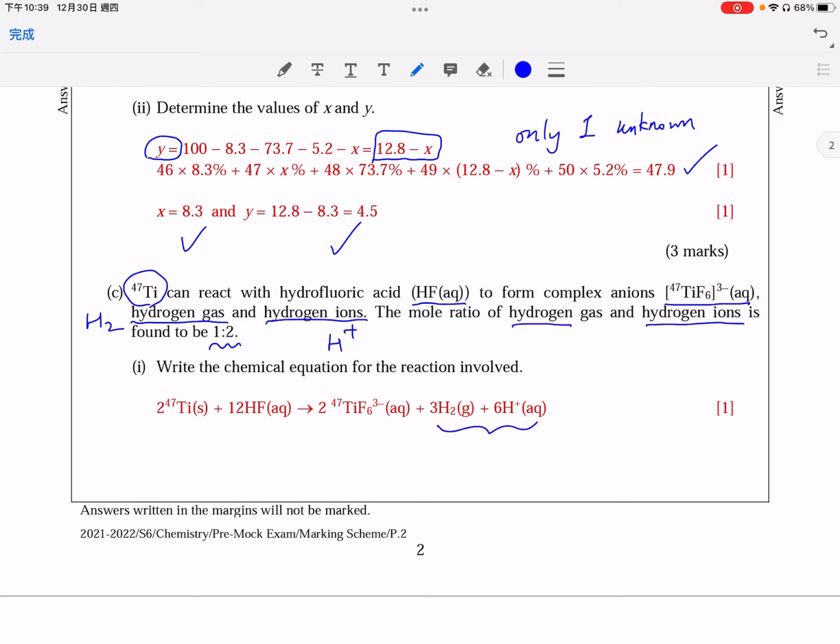So after some consideration, you should be able to write this equation successfully. Just to remind you that as the question already implies you to include the mass number 47, you better write the mass number 47 here in your equation.